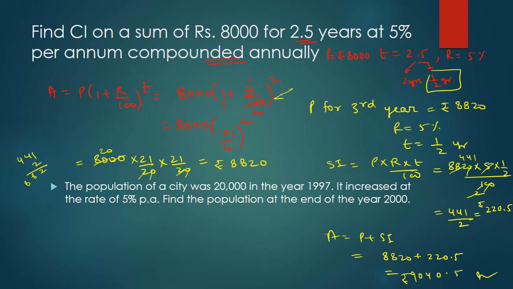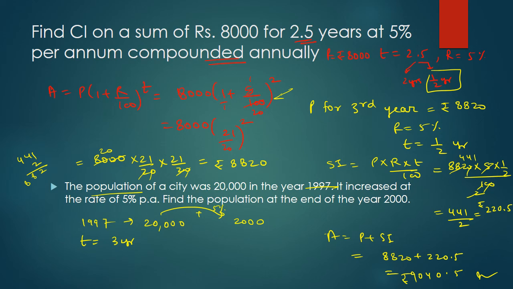Now the last question of population and depreciation type. So in 1997, the population of a city was 20,000. It increased at the rate of 5% per annum every year. You have to find out the year 2000 population. From 1997 to 2000, how many years? 3 years.